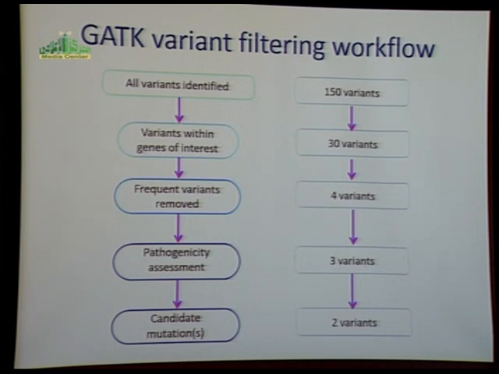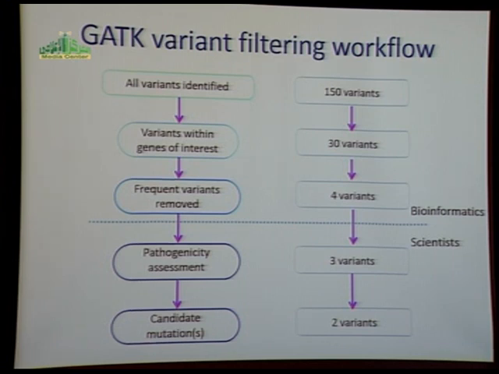Any of the frequent variants noted on the sequence variant databases without any pathogenicity attached are removed by the analysis pipeline. So all the top part of this analysis is undertaken through the bioinformatics pipeline, and then the variants identified at the end of that process that may be pathogenic are analysed by our clinical scientists, including myself.